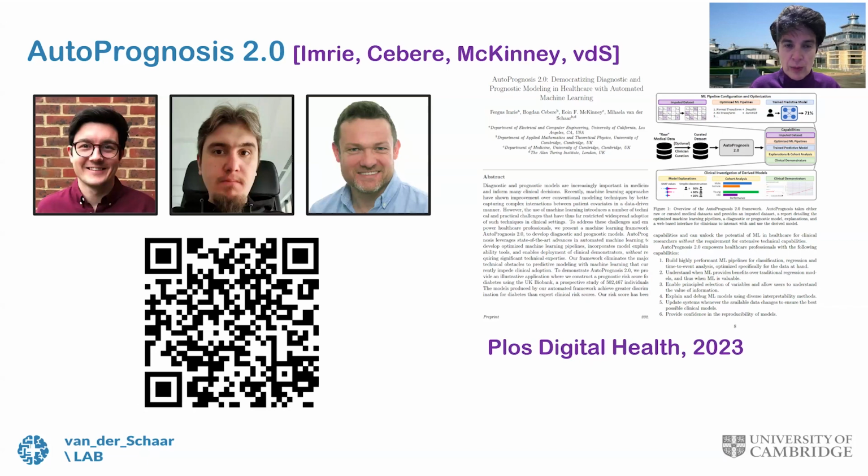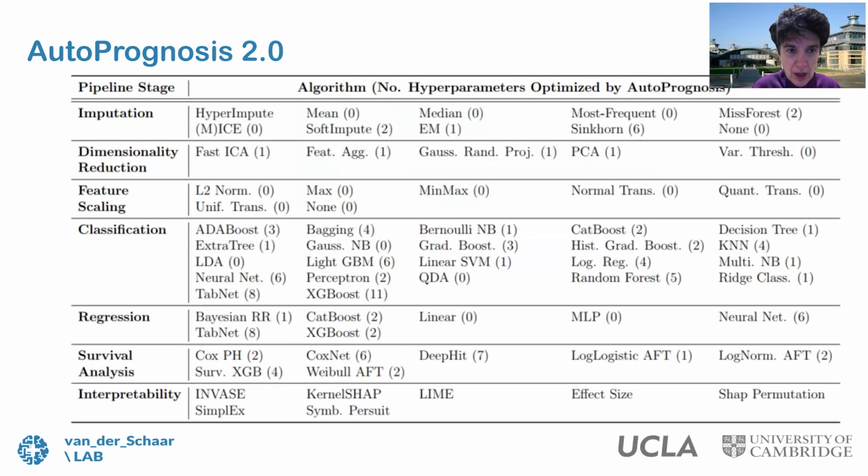So this work, Autoprognosis 2.0, is a lot more refined. The software is a lot easier to use. It has user interfaces, and it takes the vision of making it more useful for a clinician. For instance, it also contains many more algorithms and ways to interpret the predictions.